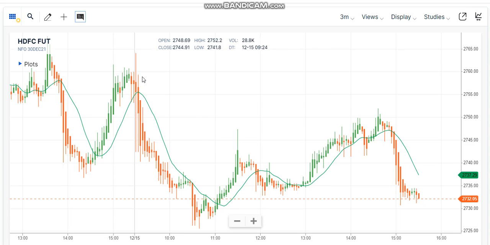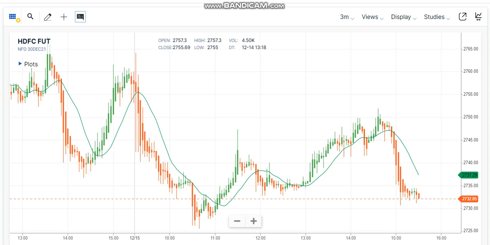Here, how many points has it given? From 60 to 30. So what you can expect here is a 15 to 20 points reversal. That means from 30 to 50 it entered the reversal. From 50 again it reached 2730 as the premium. In this way you can enter the trade.